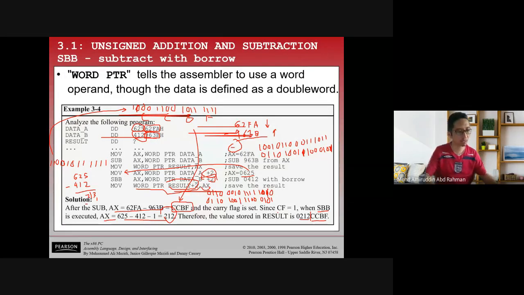I hope it's clear how you use the SBB and also SUB. The difference is that for the SBB, we do the subtraction directly and then subtract 1 from that.